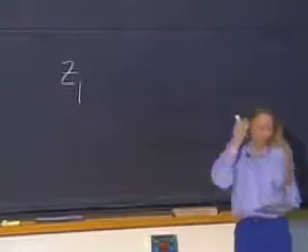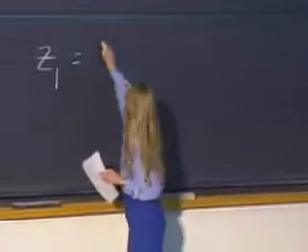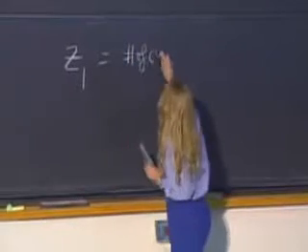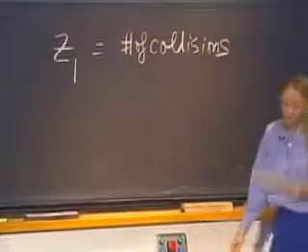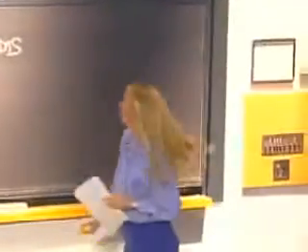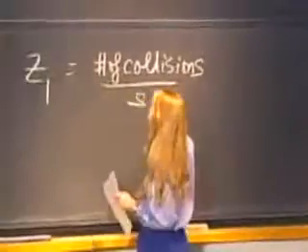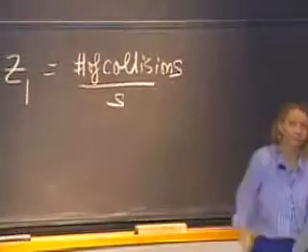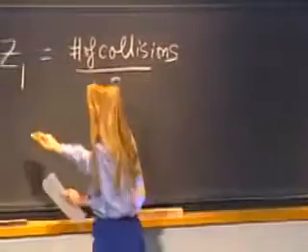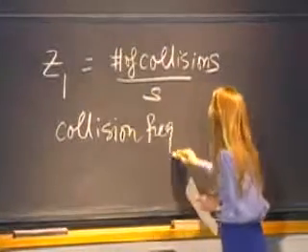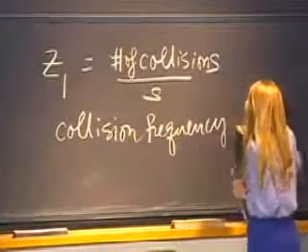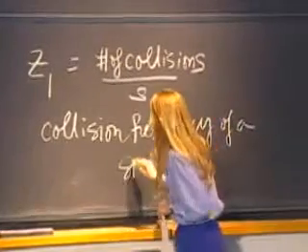What I'm going to want to calculate is something called Z1. It's the number of collisions that a molecule makes in a gas per unit time, and our unit time is going to be seconds. All right? This is the collision frequency of a single molecule in a gas.